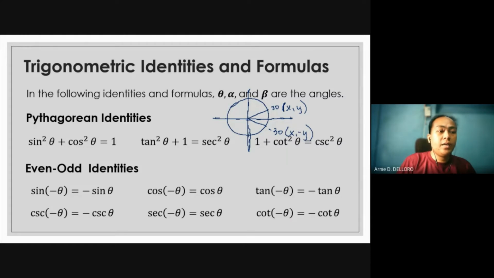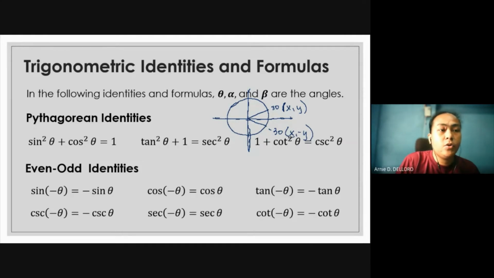For cosine of negative theta, yung coordinates ng negative na angle, di ba positive siya?